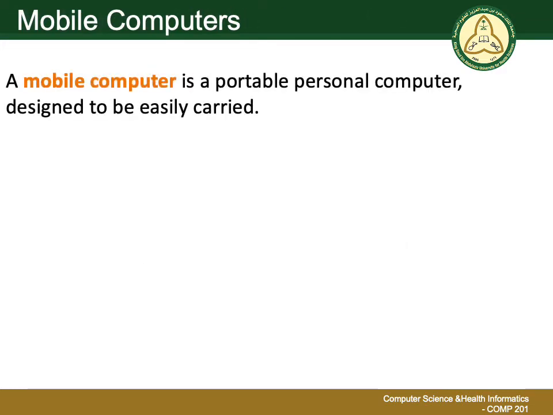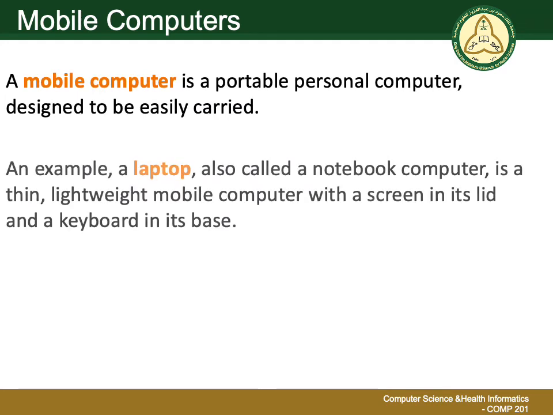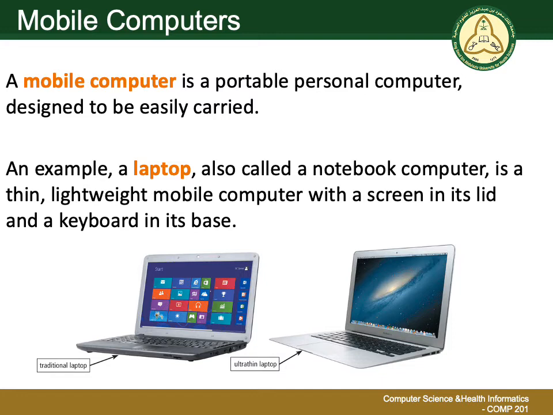Now we will move to talk about the mobile computer and how it is different from a personal computer. A mobile computer is basically the same as a personal computer except it is portable. Why?